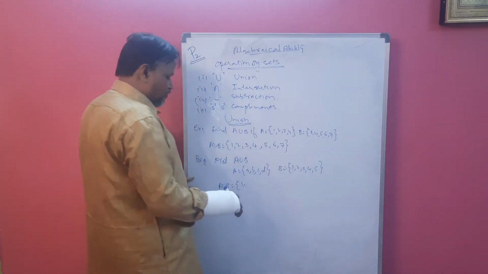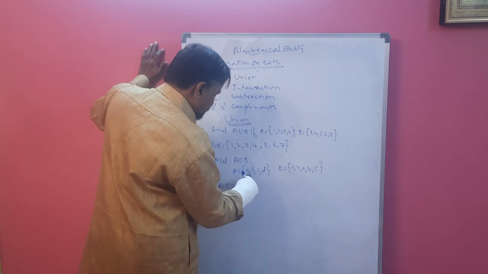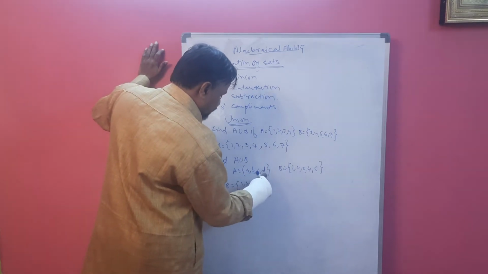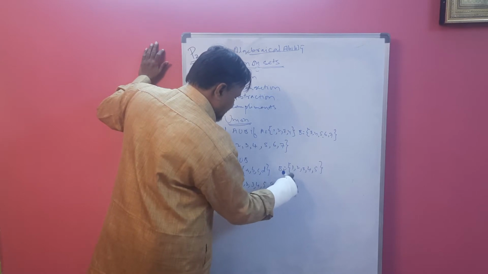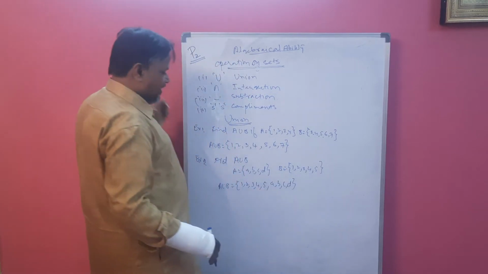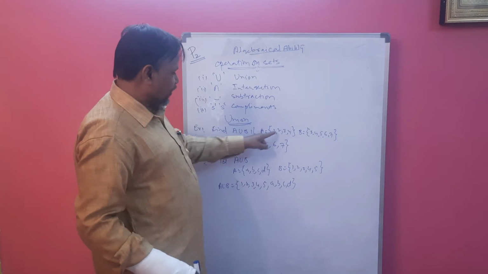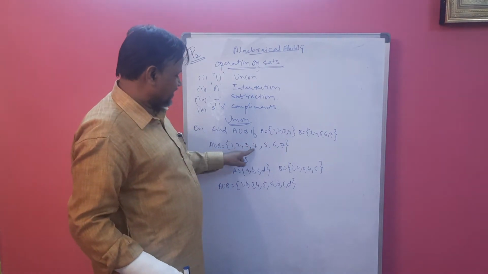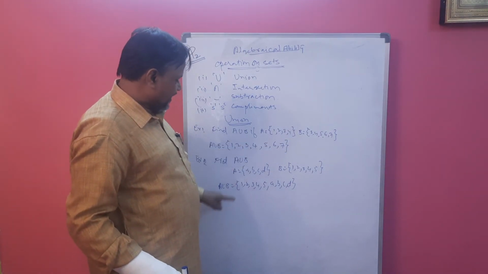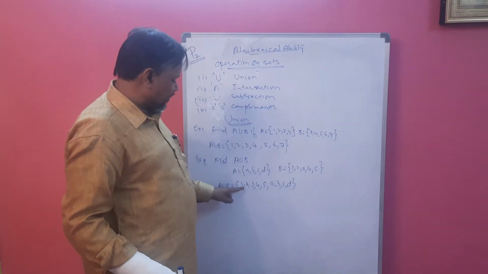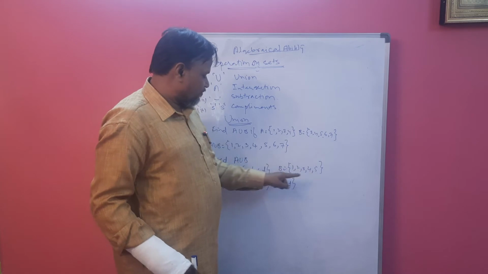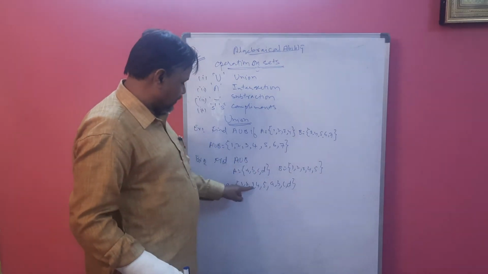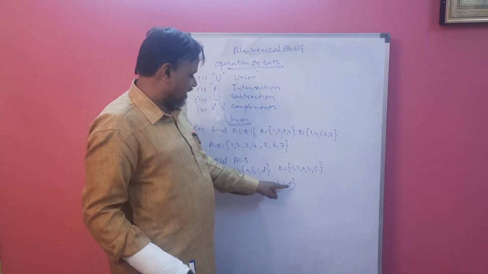We can start from the numbers: 1, 2, 3, 4, 5, a, b, c, d. All 9 elements are there. In this example there are no common elements, so we get 5 plus 4, 9 elements.